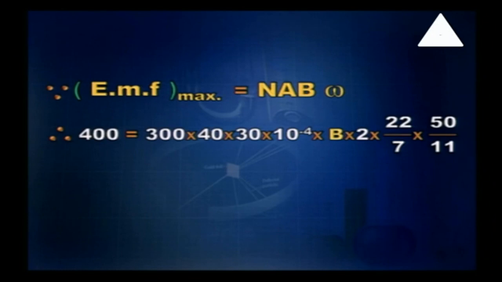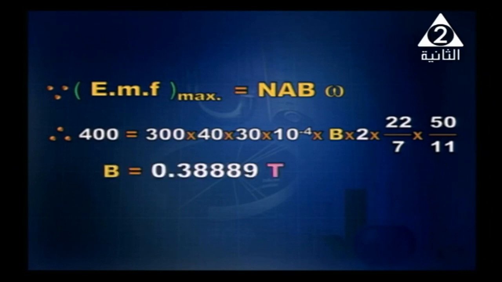B is the magnetic flux density we want to calculate. Omega is equal to 2 pi f, 2 times 22 over 7, and frequency is given in the problem, 50 over 11. In this way, we managed to obtain the magnetic flux density. It is 0.38 Tesla.